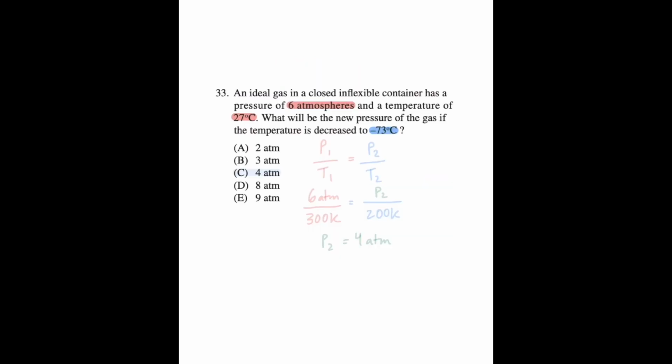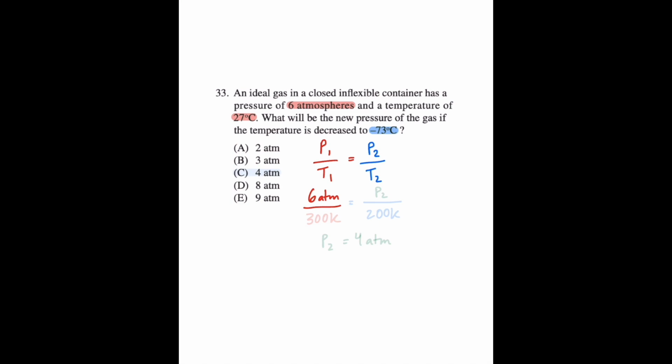For this problem, we're looking at changes to an ideal gas in terms of pressure and temperature. So if everything else is held constant, we can just do the calculation of P1 over T1 equals P2 over T2. We know we're starting with a pressure of 6 atmospheres, and in the ideal gas law, our temperature needs to be in Kelvin.